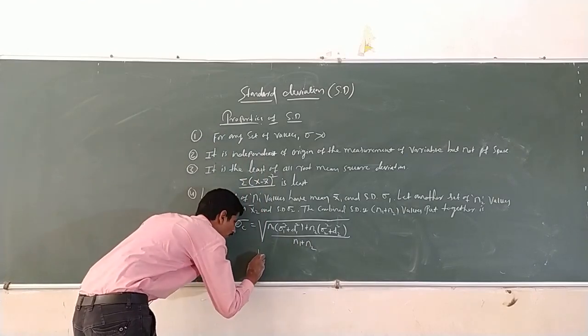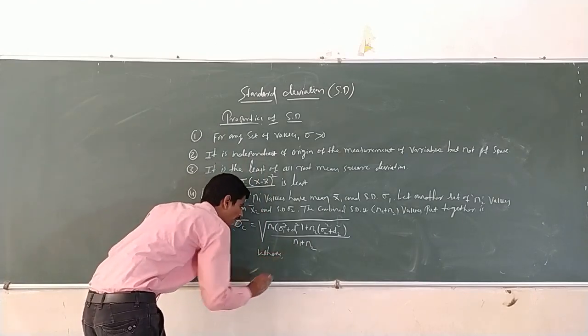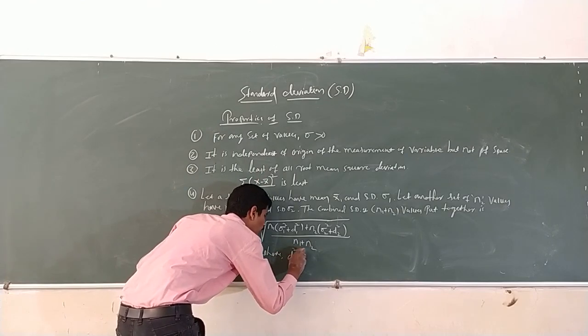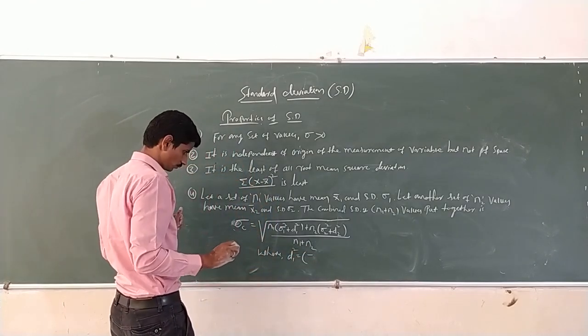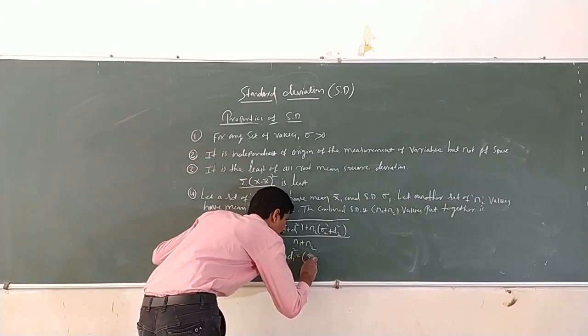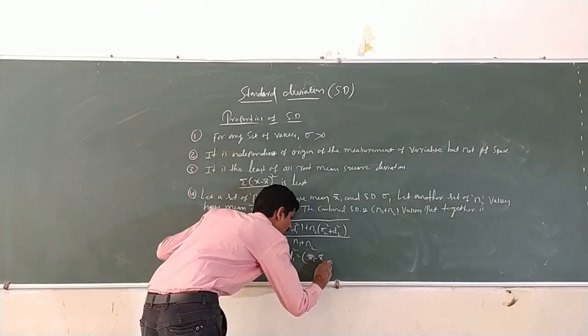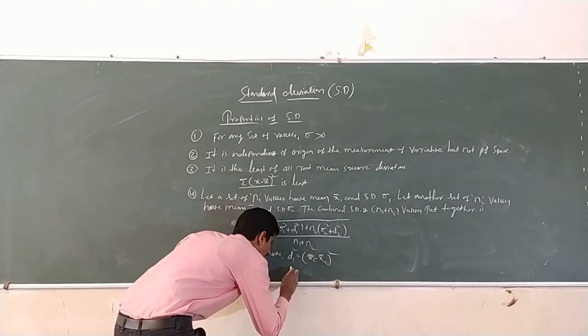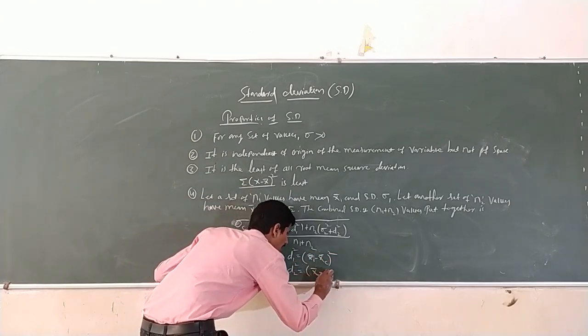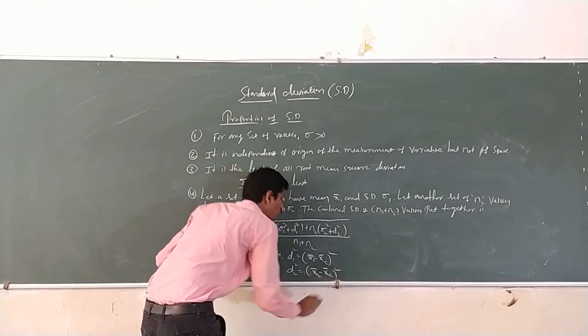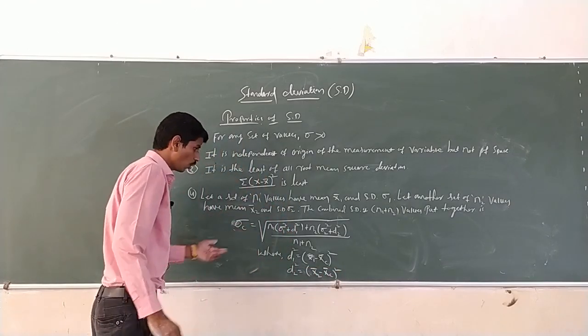Here d1 square equals (x1 bar minus x bar c) whole square, and d2 square equals (x2 bar minus x bar c) whole square. What is x bar c?